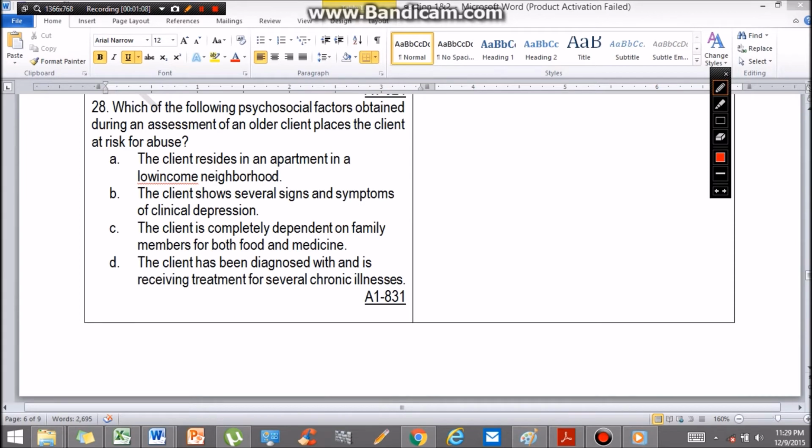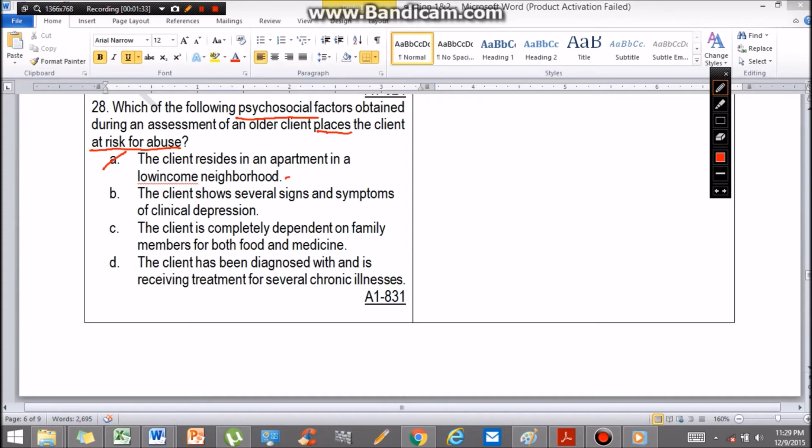Which of the following psychosocial factors obtained during the assessment of an older client places the client at risk for abuse? So we're looking for something that places a client at risk for abuse, and it should be psychosocial. A. Client resides in an apartment in a low-income neighborhood. Eliminate because this is not psychosocial; it's probably economic.